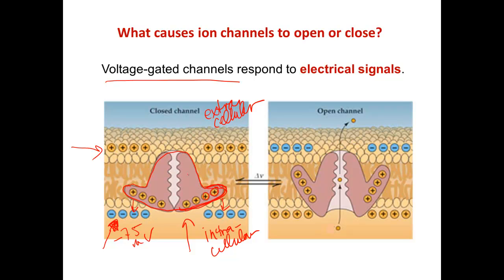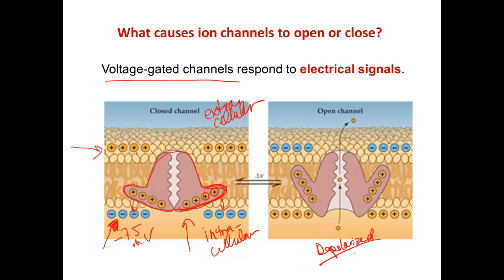Okay, if an electrical signal occurs inside the cell, inside that membrane, then the inside of the membrane becomes positive relative to the outside. So this over here would be a membrane that has been depolarized to some extent already.